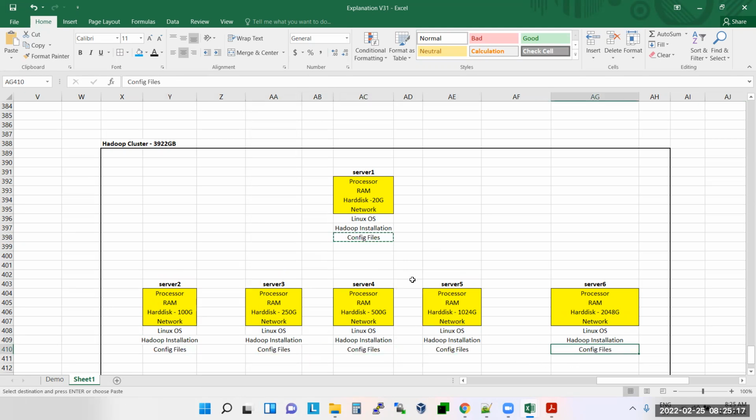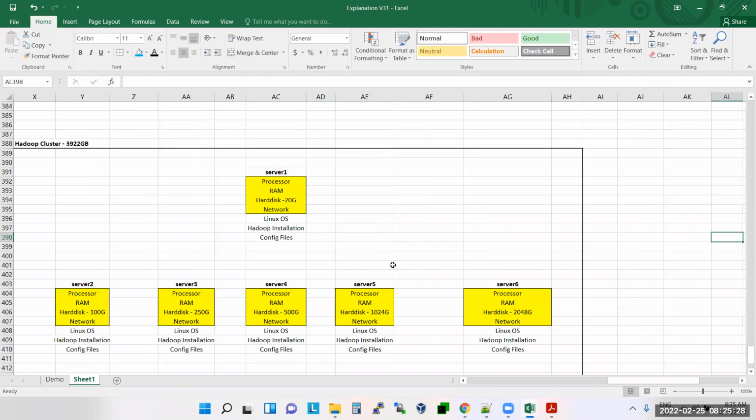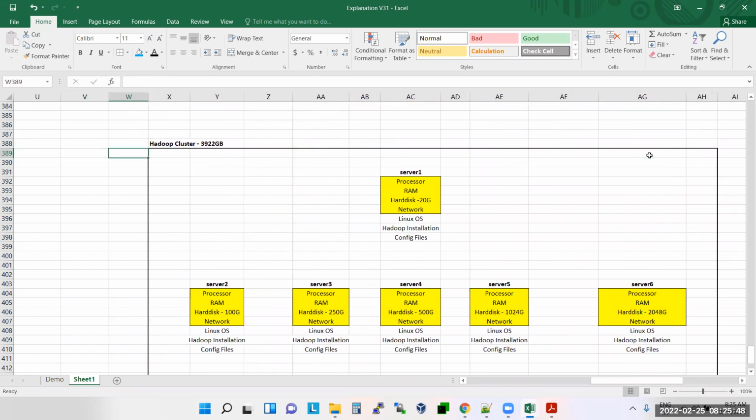In the configuration file, I will tell which server should act like, which server should take care. So these are the config files.